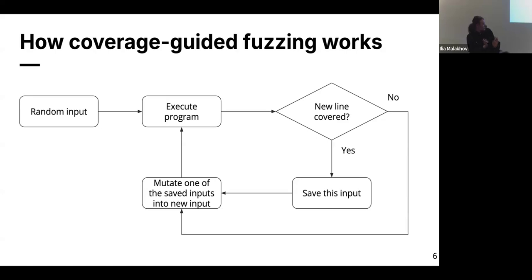Otherwise, we just forget about it. Next, we look at what inputs we have saved from the past, select one of them, and generate a new input somehow. And then we repeat this cycle again and again until we reach the timeout.